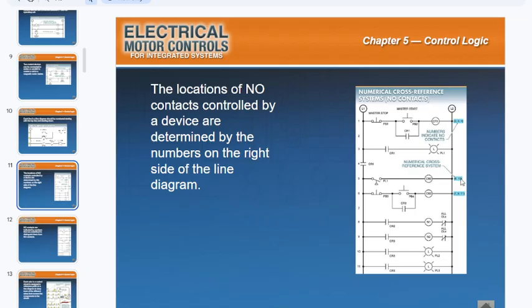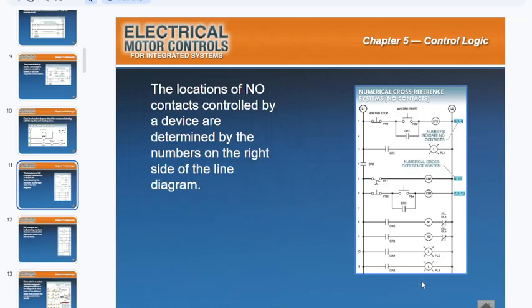What is 8 and 10? Well, if you look at rung 8, CR2 has a normally open contact. If you look at rung 10, CR2 has a normally open contact. So these little numbers on the side reference whenever an associated contact to one of the loads is located elsewhere. Because like I said, these ladder diagrams can go very long.